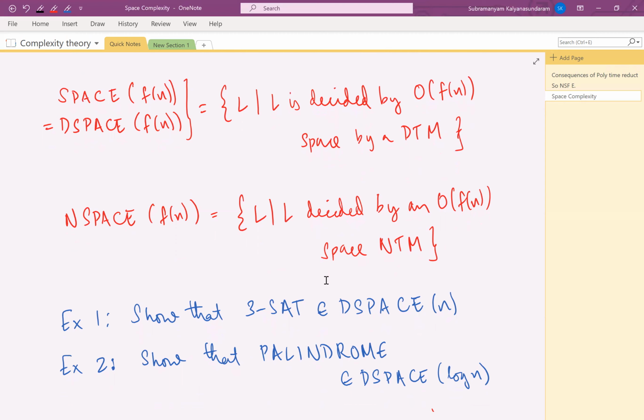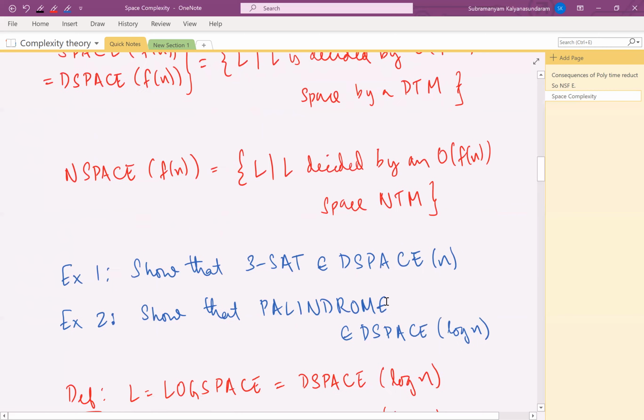When we measure the space usage, there is a way to use only linear space and still decide 3-SAT. As we know, we don't expect or hope to have a polynomial time algorithm for 3-SAT, but surprisingly, from the perspective of space, linear space is sufficient. So that is exercise 1.